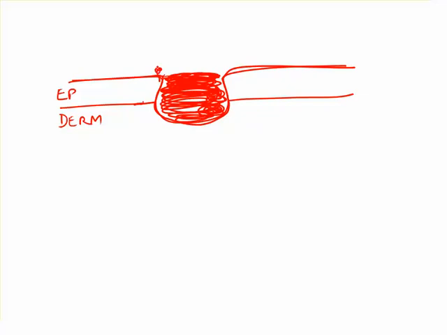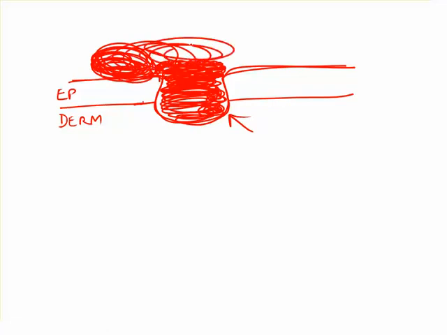If the collagen is coming out of the skin, it is called hypertrophic scar. Okay, if the healing process is going beyond the level of injury, it is called keloid.